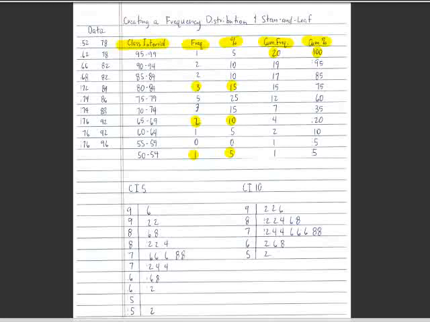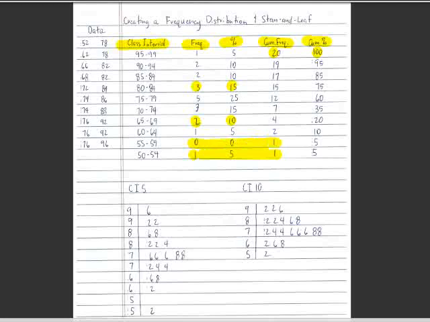So how do you fill those columns out? To fill out the cumulative frequency column, the first thing you're going to do is bring over the one observation in the 50 to 54 class interval, and then you're going to add that one to the frequency in the class interval above it, and bring that over.